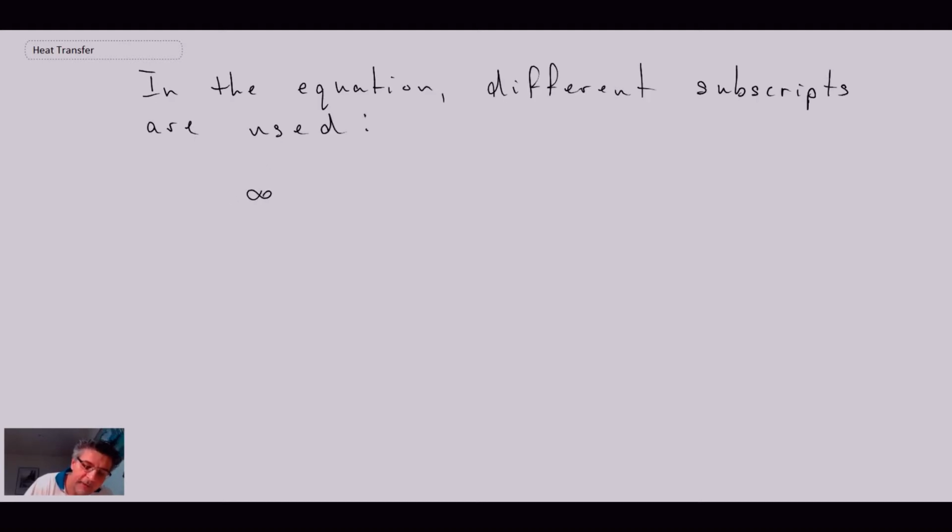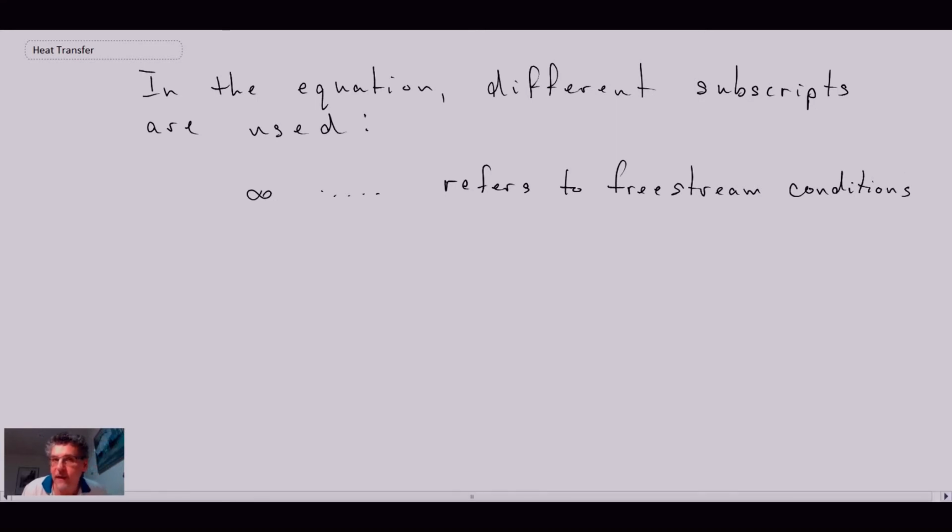So the subscripts that we see, there's infinity, and that usually refers to free stream conditions. And what free stream means is that you're so far upstream of the cylinder that the flow has not yet responded to it. So as far as the flow is concerned, there is no cylinder there.